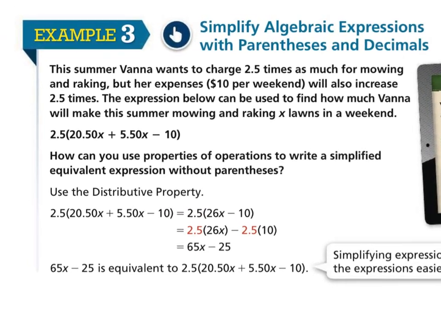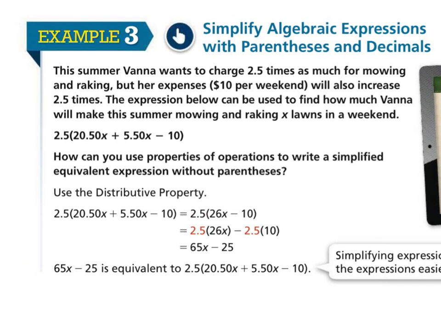Example 3, this summer Vanna wants to charge 2.5 times as much for mowing and raking, but her expenses, $10 per weekend, will also increase 2.5 times. The expression below can be used to find how much Vanna will make this summer mowing and raking x lawns in a weekend.